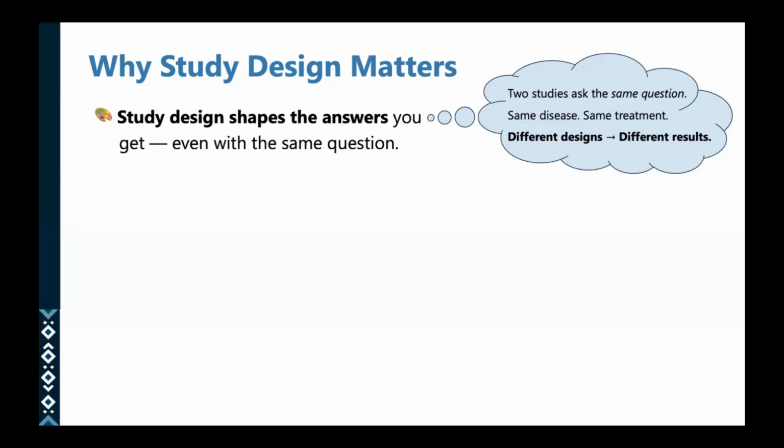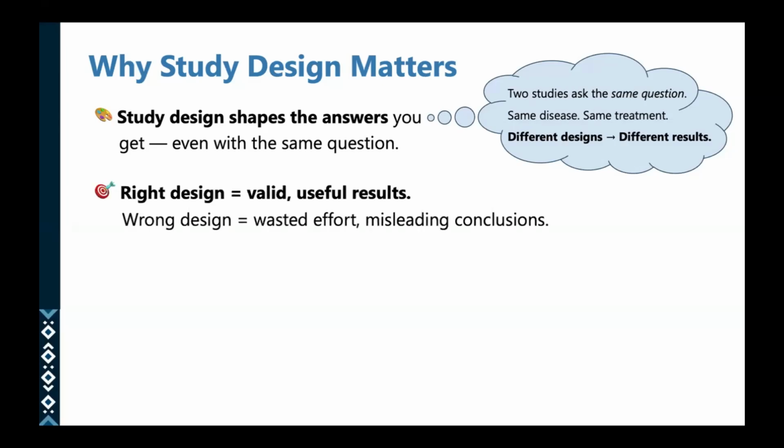So if you use a design that is not appropriate, you will not approximate that truth very well. If you use a design that is very robust, very clear, you are more likely to hit the truth more closely. So if you get the design right, you are likely to get results that are valid and that will be useful. So this can be results that can translate into clinical practice or into policy.